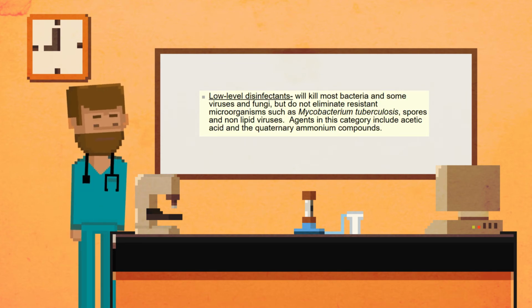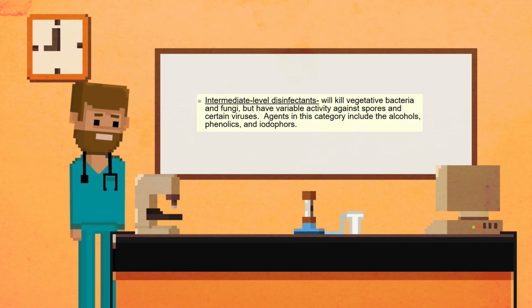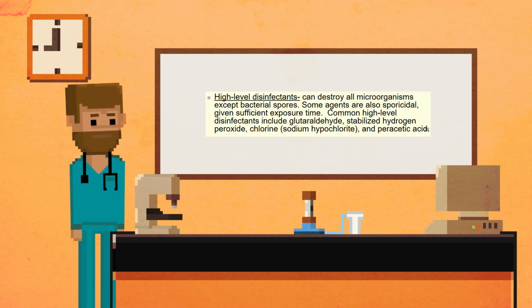Low-level disinfectants will kill most bacteria and some viruses and fungi, but they don't eliminate resistant microorganisms such as Mycobacterium tuberculosis, spores, non-lipid viruses, all that stuff. Intermediate level disinfectants will kill vegetative bacteria and fungi, but have variable activity against spores and certain viruses.